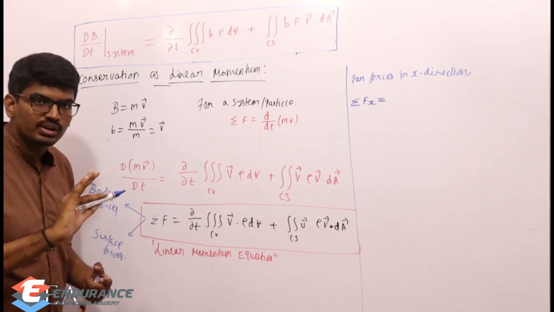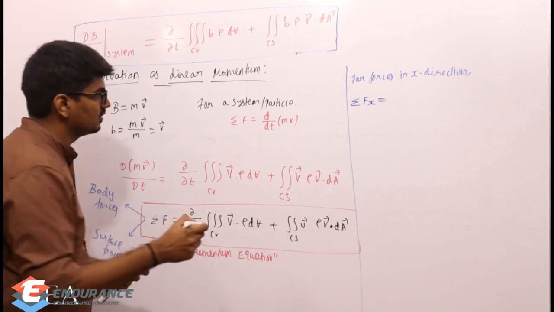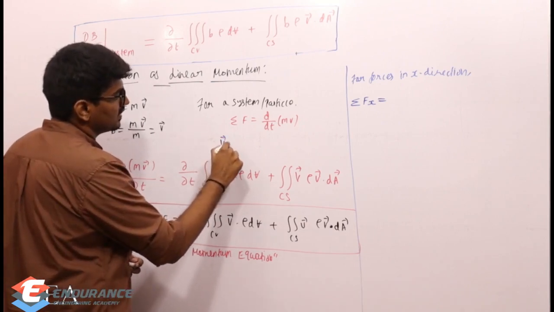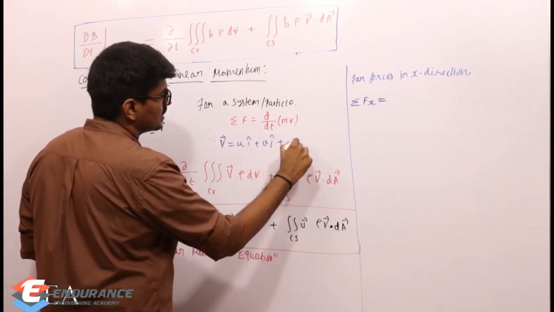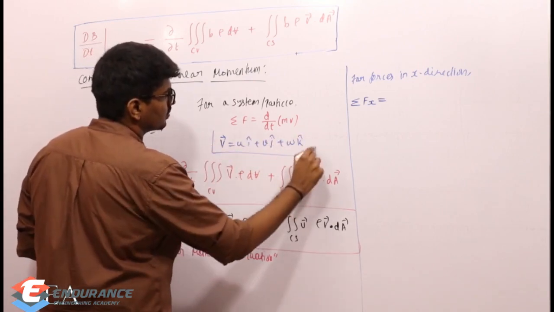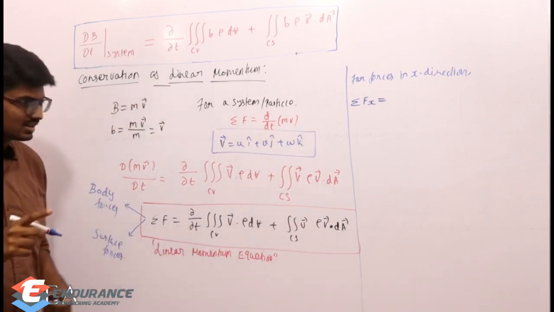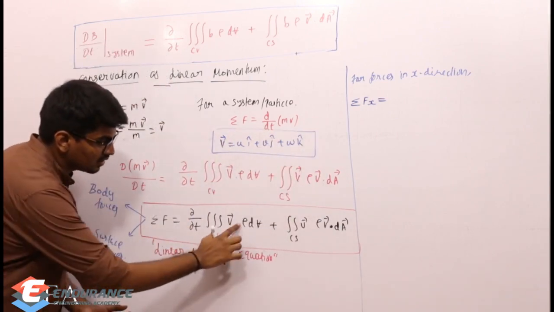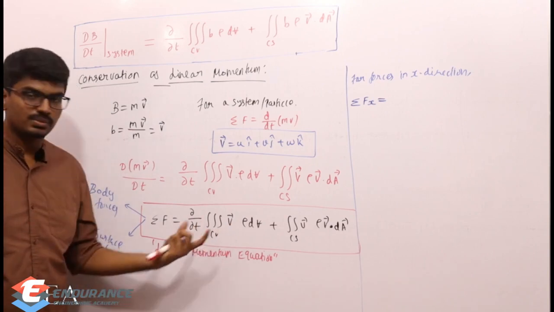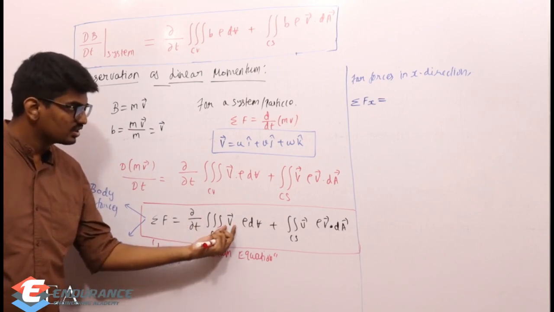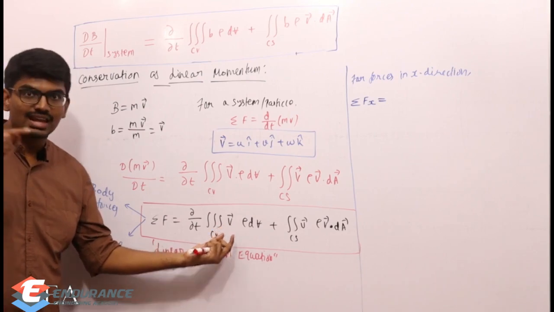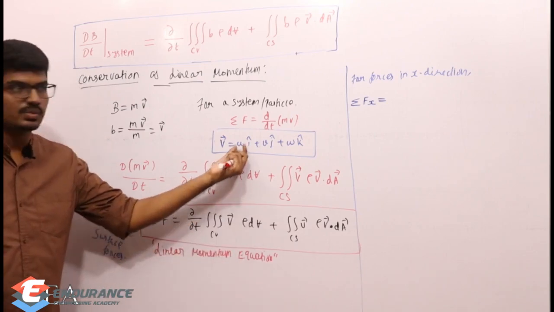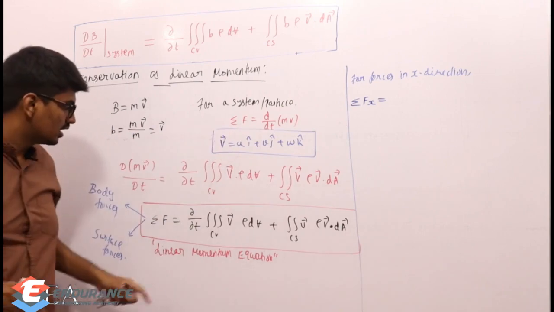Take all the components of velocity in the x direction only. We know that the V vector is equal to u i cap plus v j cap plus w k cap. If I am taking the x direction, this velocity, which is not a dot product but only a multiplication, has to be replaced with its scalar form in the x direction. The x direction velocity is u, because I am taking the summation of F in x. Okay, so what will happen?